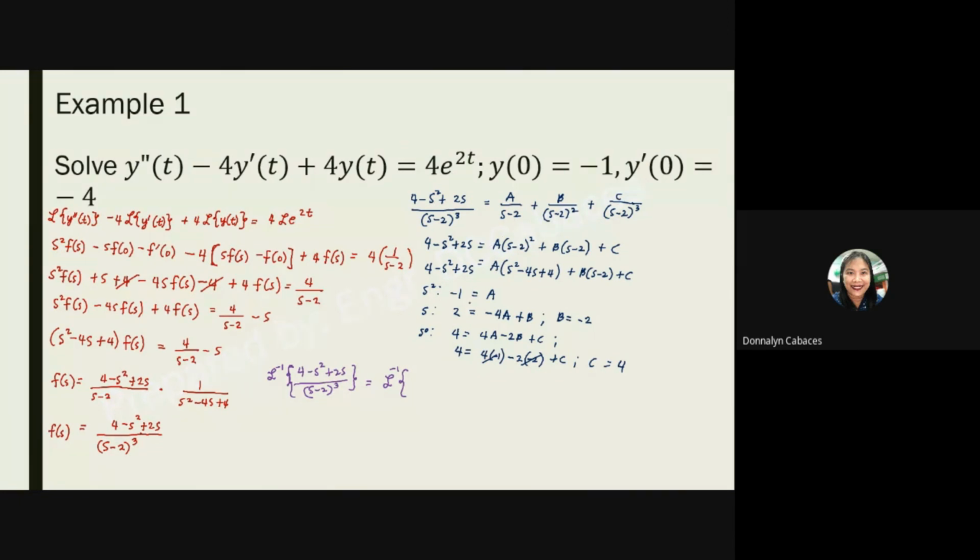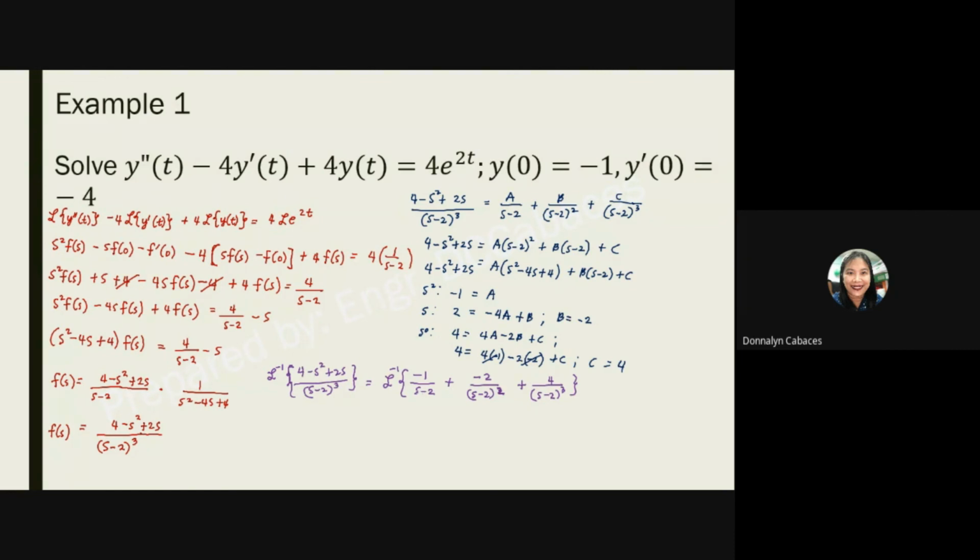Our a is negative 1. So negative 1 over s minus 2 plus b. Your b is negative 2 over s minus 2 squared. Then plus 4 over s minus 2 cubed. So we are now to find the inverse Laplace of these terms.